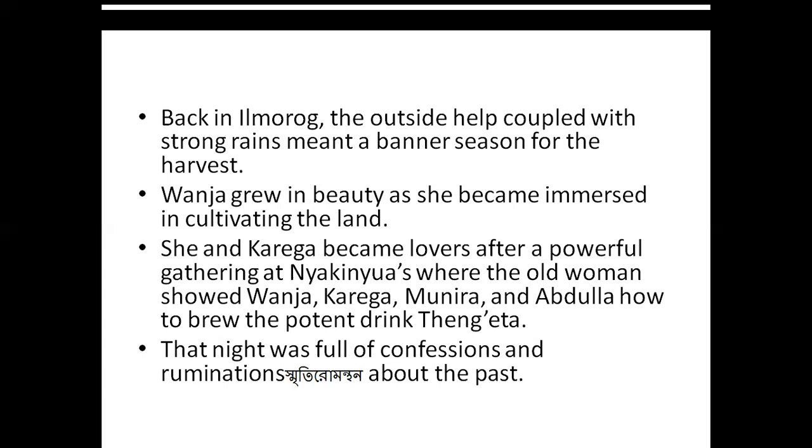Everything was good. Wanja grew in beauty as she became immersed in cultivating the land. She and Karega became lovers after a powerful gathering at Nyakinyua's, where the old women showed Wanja, Karega, Munira, and Abdullah how to brew the potent drink Theng'eta.